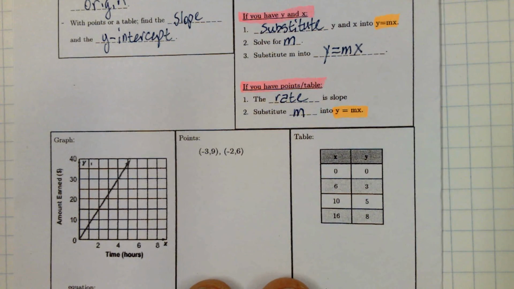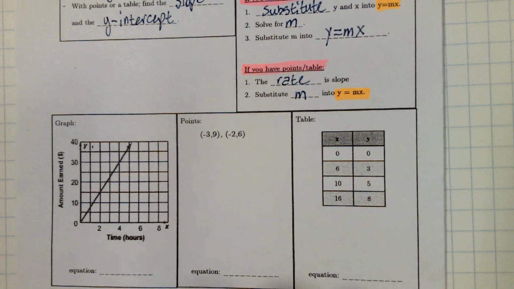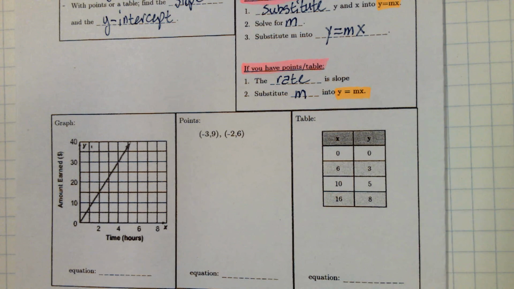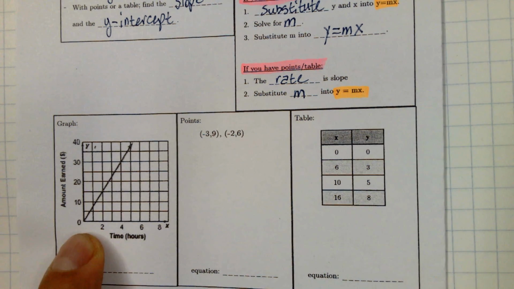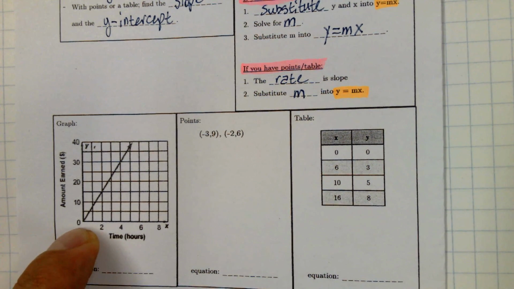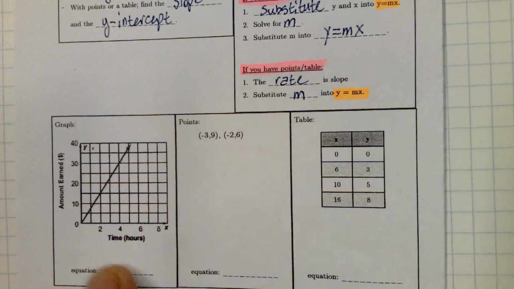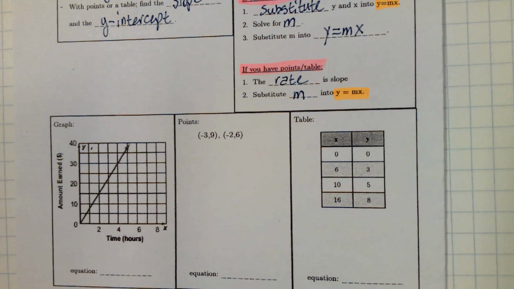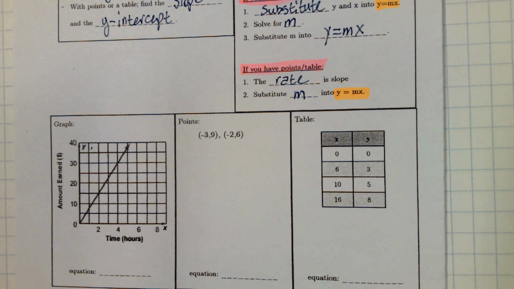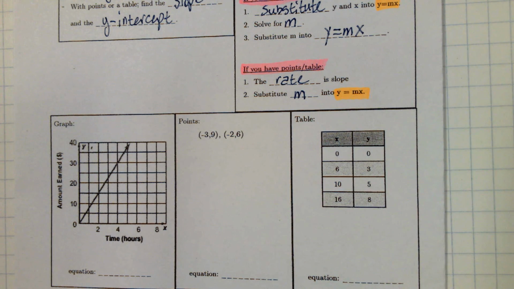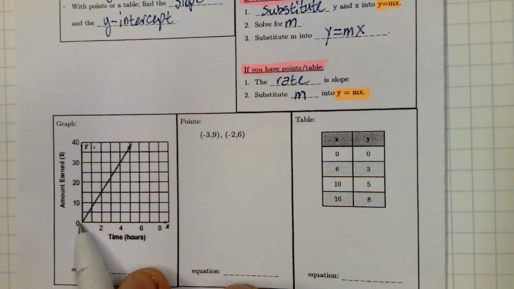All right, so now check this out. How do I know that this is a direct variation situation? So what we're going to do here only works if the line goes through 0, 0, the origin, okay? Since it does that, we're allowed to take a few shortcuts. Well, the first thing is we need to find a point.